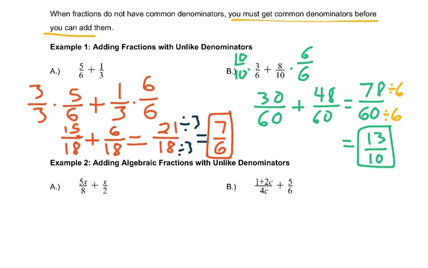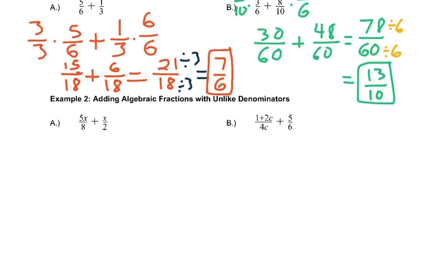Now, those ones don't have any variables. And so in example 2, we get algebraic fractions, so they have variables. But the nice thing about the way I'm teaching this, I hope, is that it's the same process, even if you have a variable. So again, I've got 5x over 8 plus x over 2. I'm going to multiply by 2 over 2 and 8 over 8.